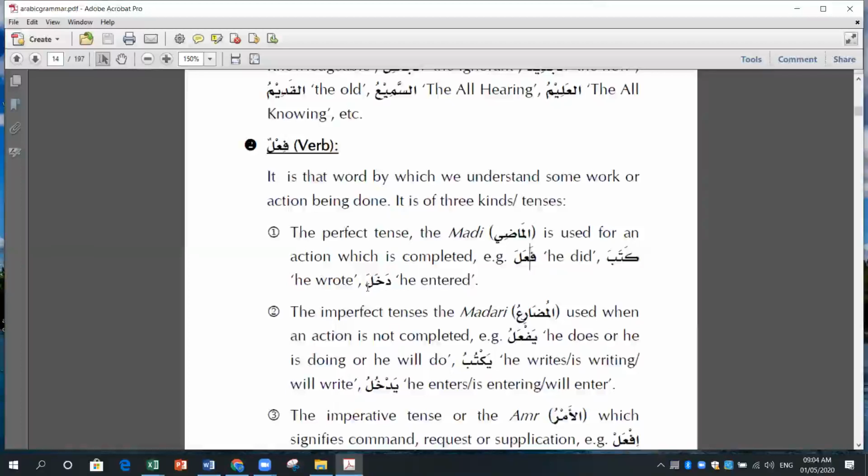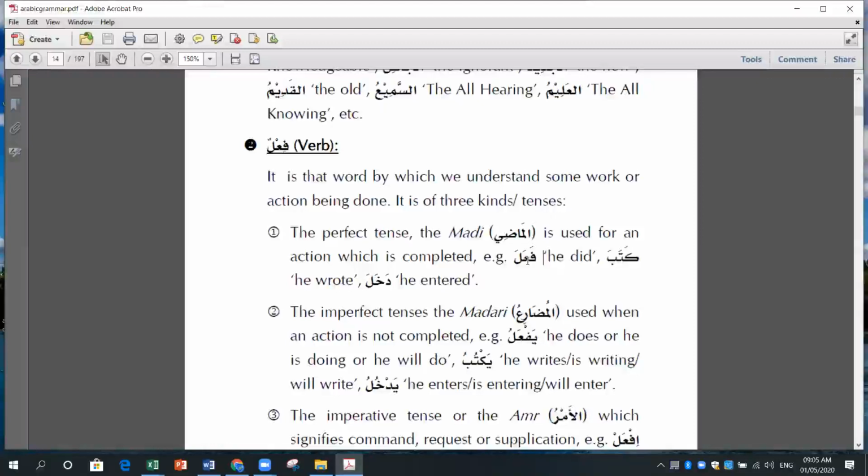So there are a total of three scales for any verb. Total three, and I'll tell you all three. For example, it may be fa'ala, it may be fa'ila, where ain will have a kasra. Okay? Or it may be fa'ula, where ain will have a dhamma.